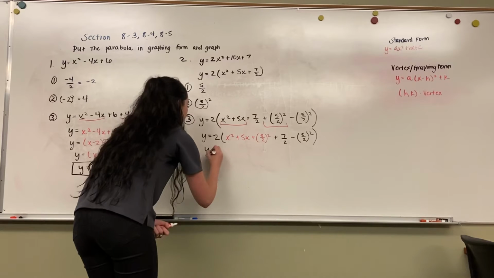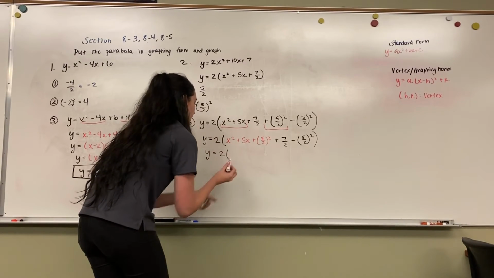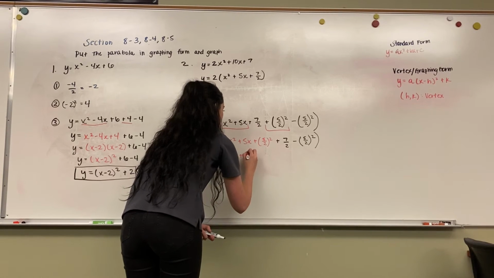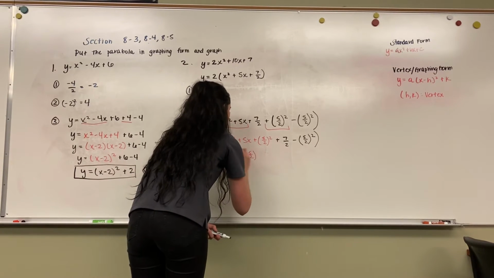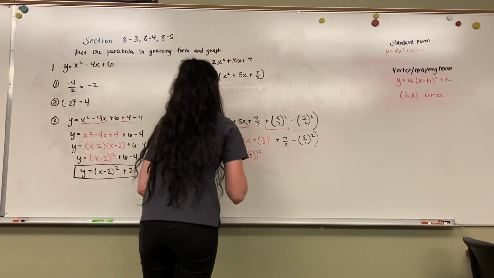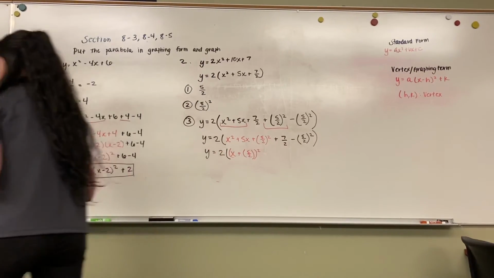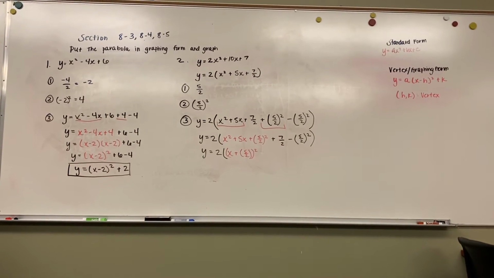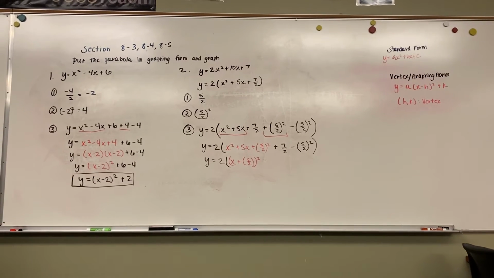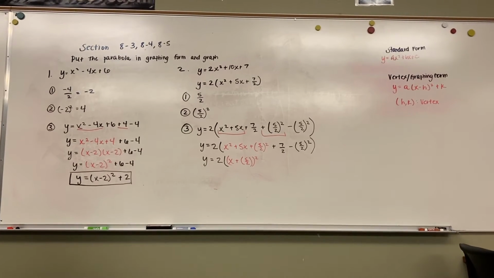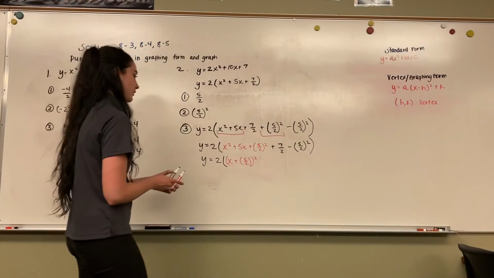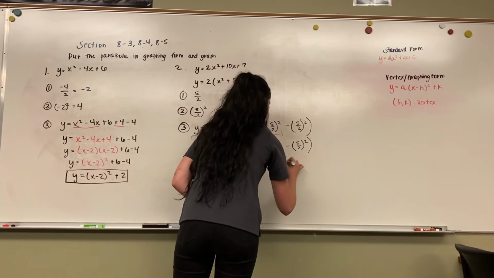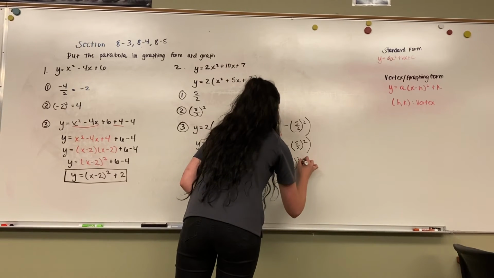So we get y equals 2 times x plus 5 over 2 squared. If we were to factor that, it would be the perfect square. Let me make sure I'm right. I don't want to lead you astray. Yes. Perfect. Okay, now what are we forgetting? We're forgetting our plus 7/2 minus 5 over 2 squared.